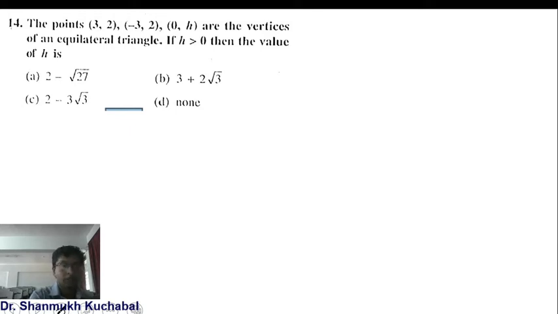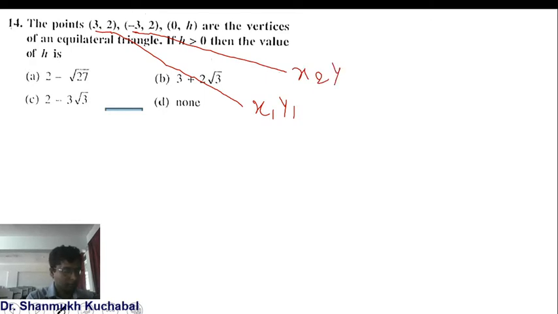So the first point we take as x1, y1, the second point as x2, y2, and the third point as x3, y3. Then we have a formula, so using that we have to simplify it.